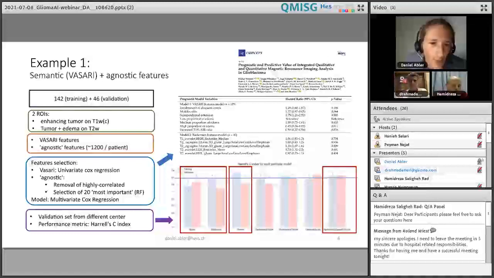On the bottom part of the table, you see a number of features that have been selected from the agnostic features. What we know here is that they are mostly features derived from T2, but their specific interpretation is very difficult.